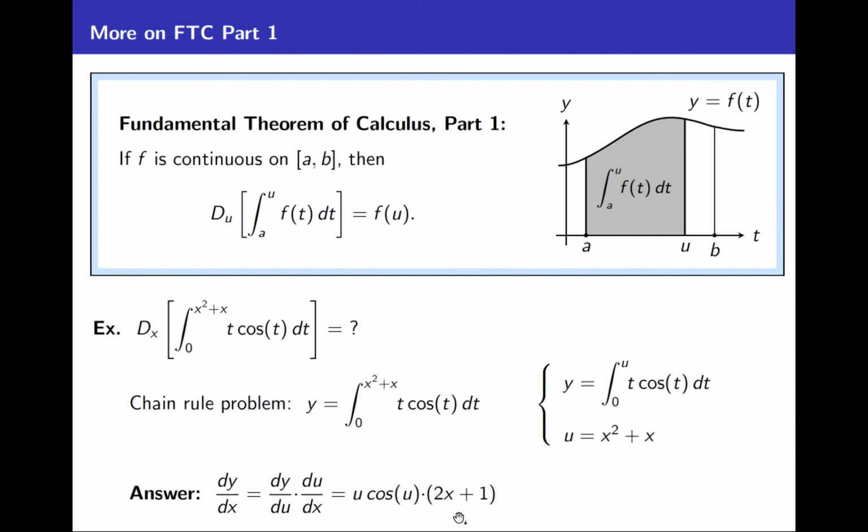This should be a function of x. We need to change all the u's to x's. u is equal to x squared plus x. So here and here, we plug in x squared plus x. So we get x squared plus x times cosine of x squared plus x times 2x plus 1. And there's our derivative with the chain rule.